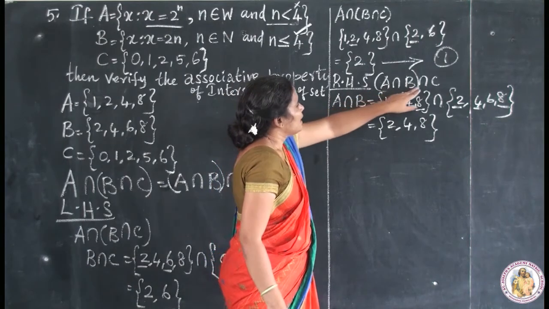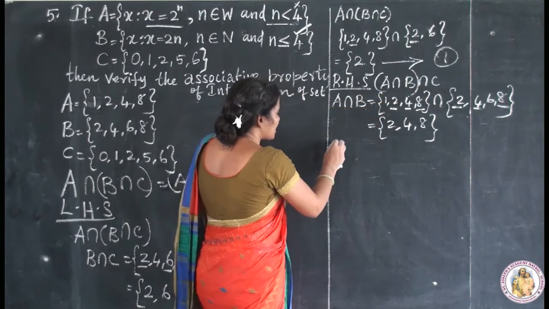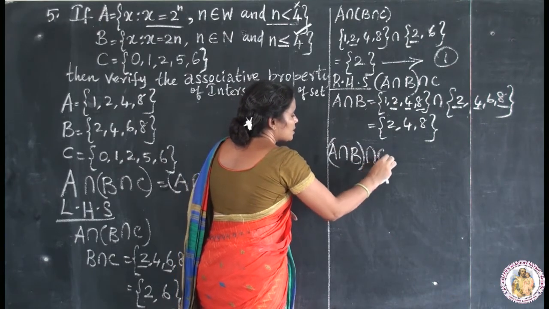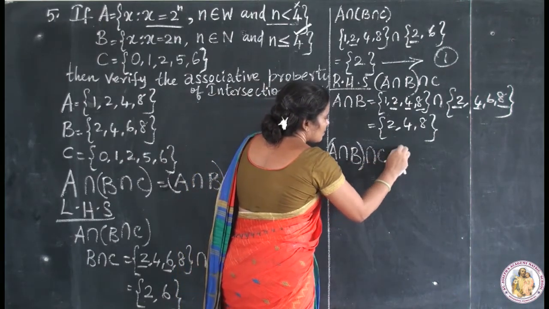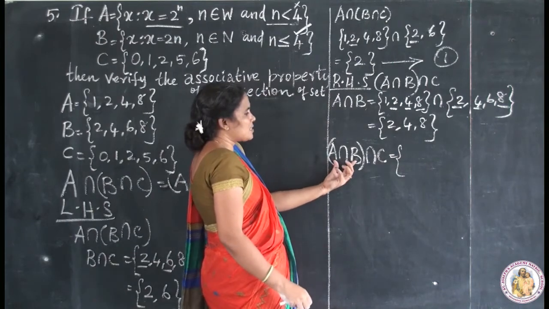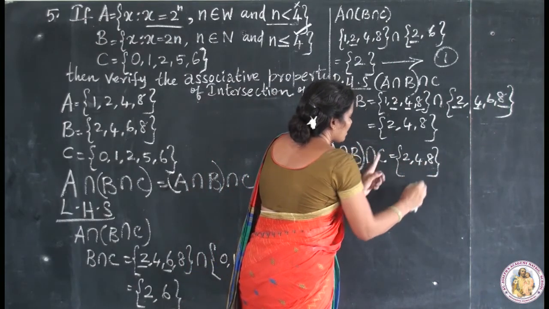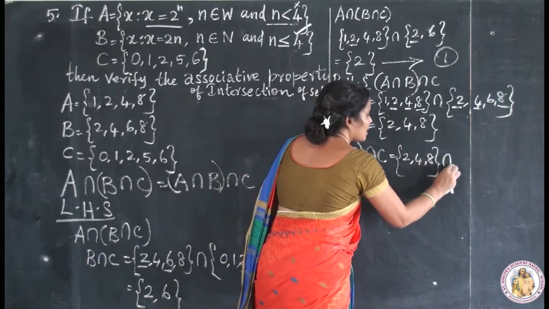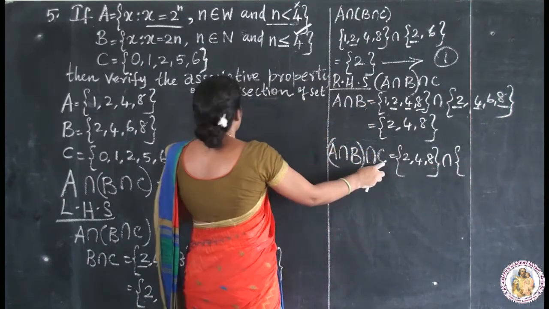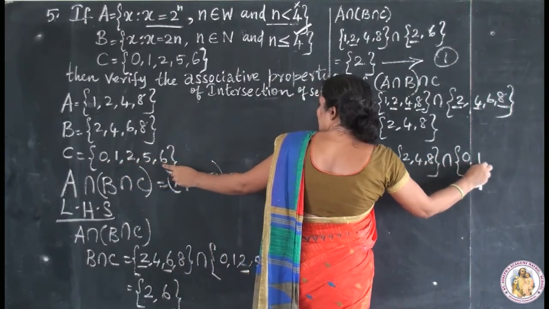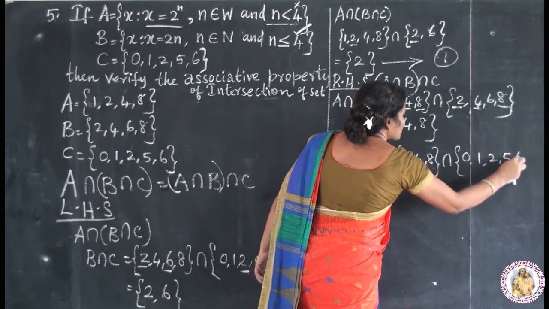Then intersection C. A intersection B with intersection C. So for A intersection B we have 2, 4, 8. Intersection C. Write the elements of C: 0, 1, 2, 5, 6.